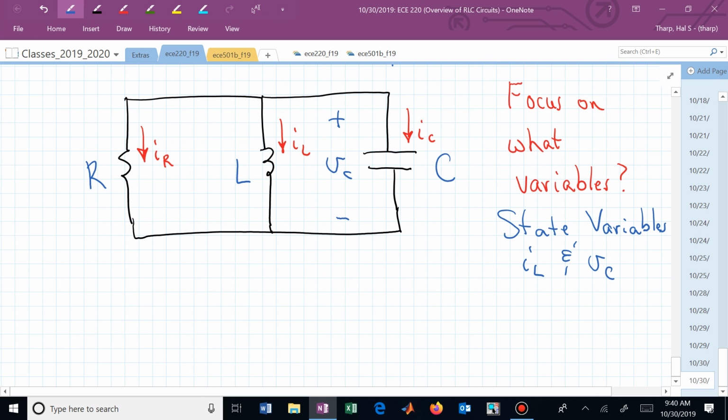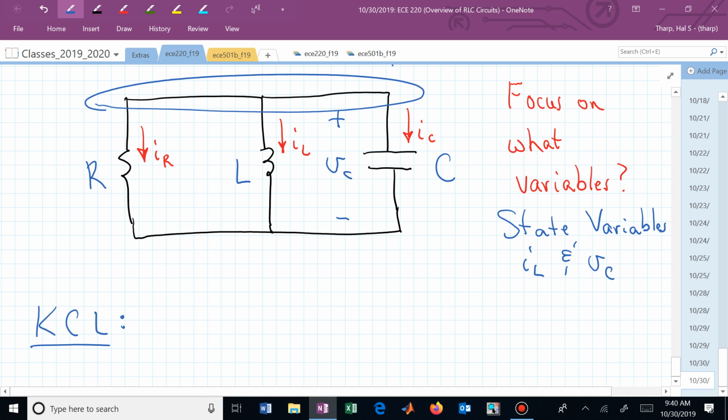and now let's write a KCL. We did a KVL before, let's write a KCL in terms of these state variables if we can. So now we know the voltage dropped across all three is the same. We now know the current in the resistor is V sub C over R. The current in the inductor, we're going to just leave as the current in the inductor.